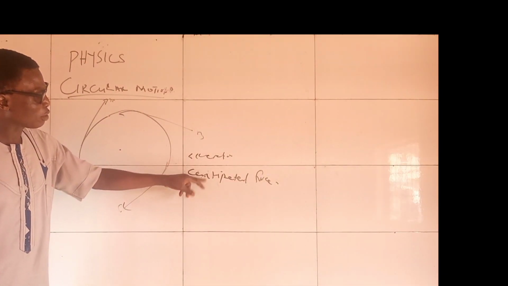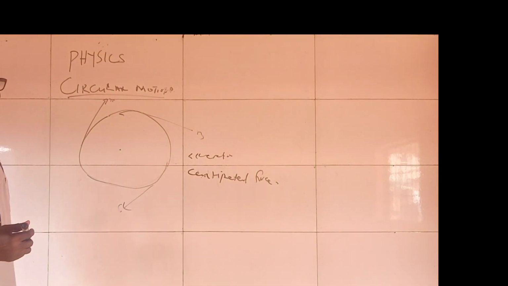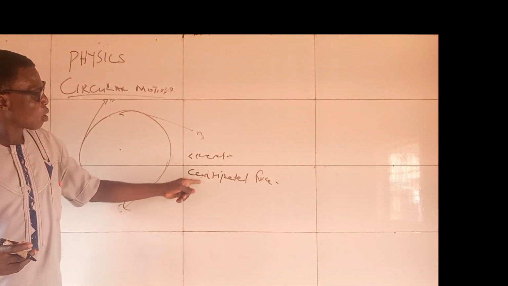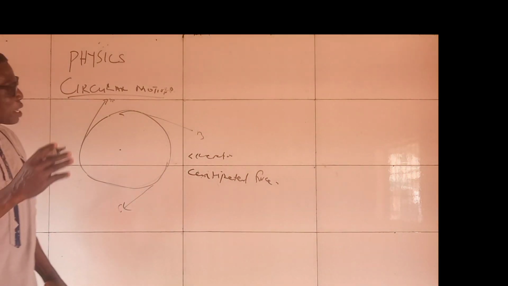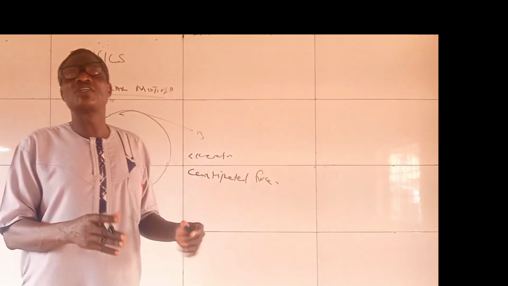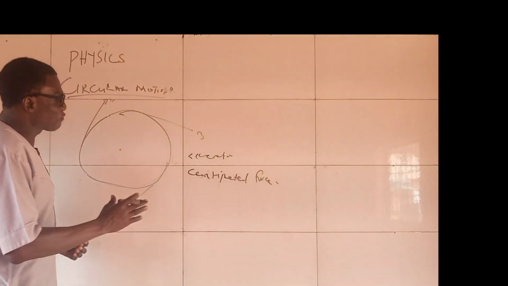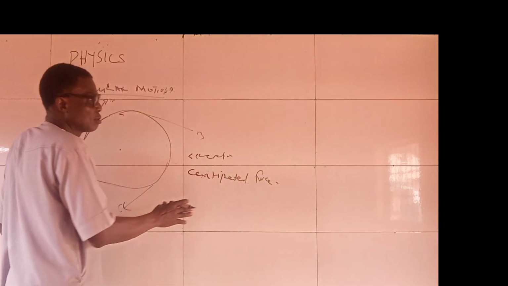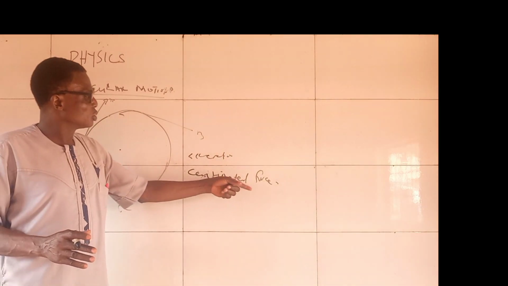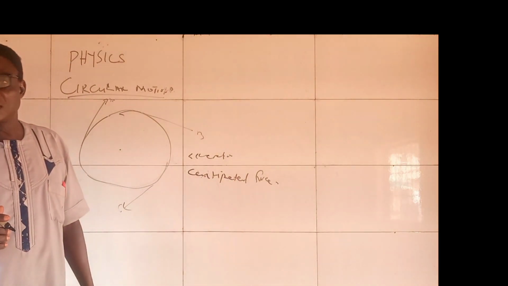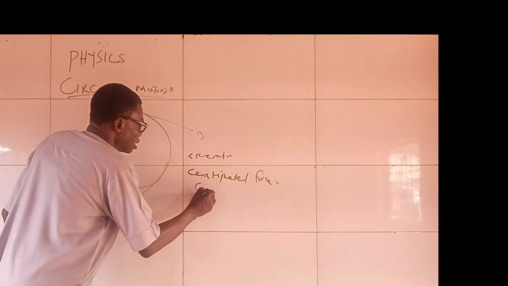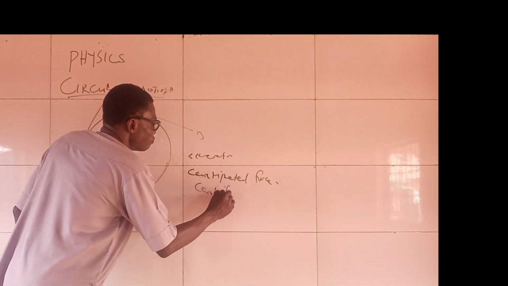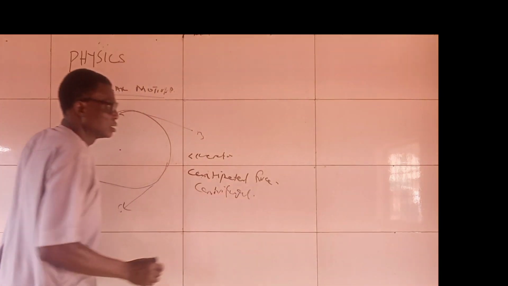Now, as a result of this centripetal force, there is another force equal in strength but opposite in direction to centripetal force. Centripetal force pushes toward the center of the circle. That other force is called centrifugal force.